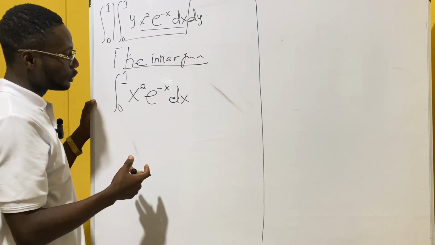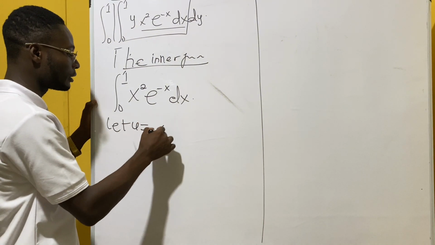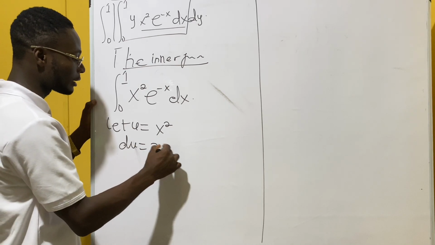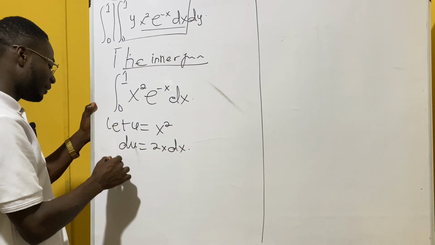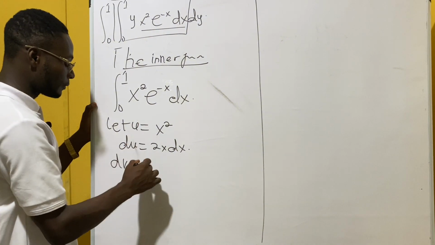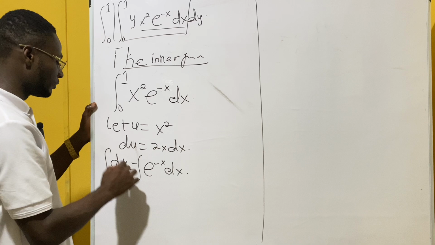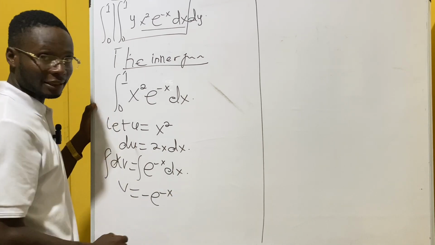Let u equal x squared, so du is equal to 2x dx. Let dv equal e power negative x dx. Integrating both sides, we have v equals negative e power negative x.